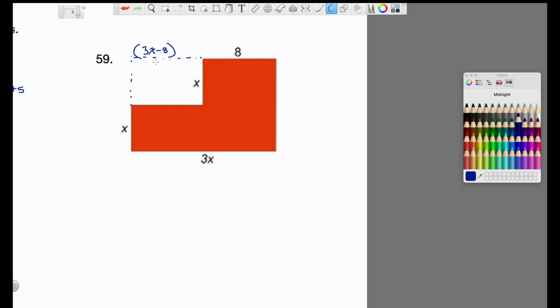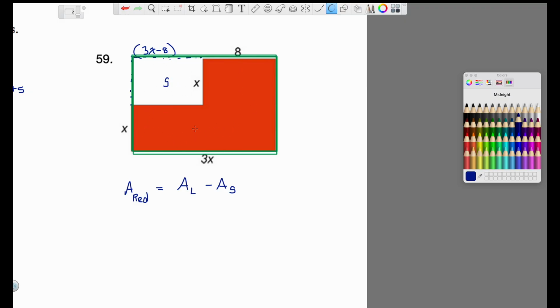Okay, we're trying to find the area of this red region right here, right? So we know the area of the large rectangle, this whole green one right here, minus the area of this small rectangle, this white cutout.